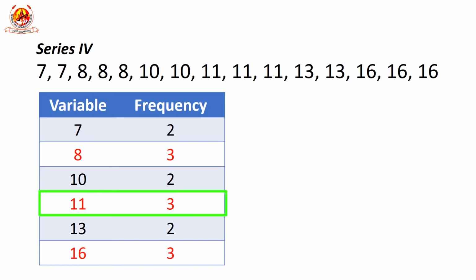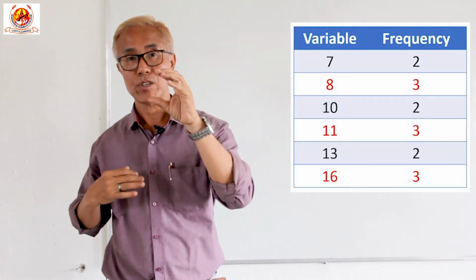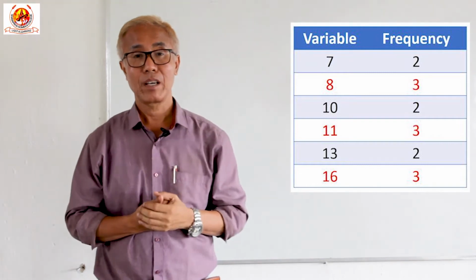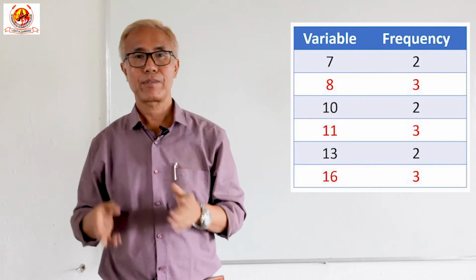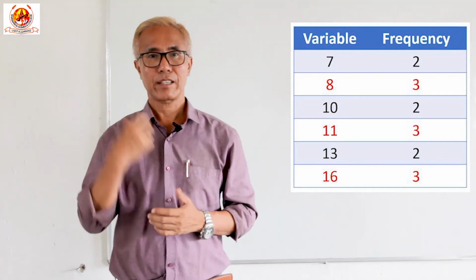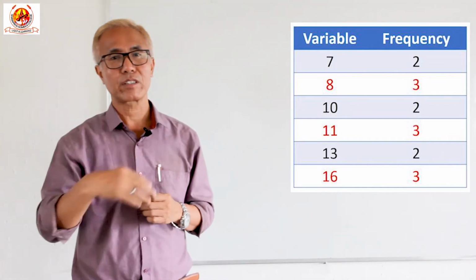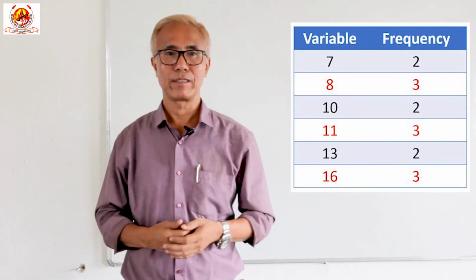So all these values are modes. They are not adjacent to each other, so we will not take the mean. In this group of data we have 3 modal values, and if a series has 3 or more, then we have the multimodal condition.